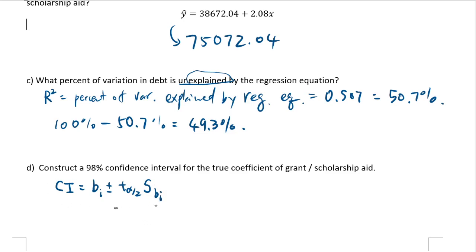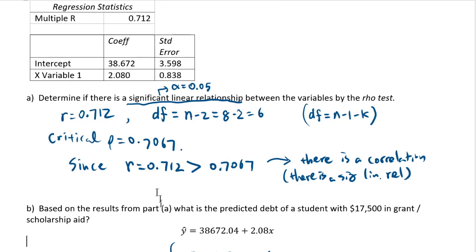So you first have to know this formula, and we have to go back to this table here and see that the coefficient value is 2.08. That's your b1, and this one here is your s of b1.